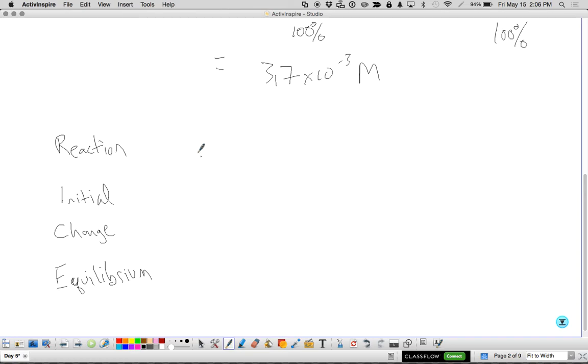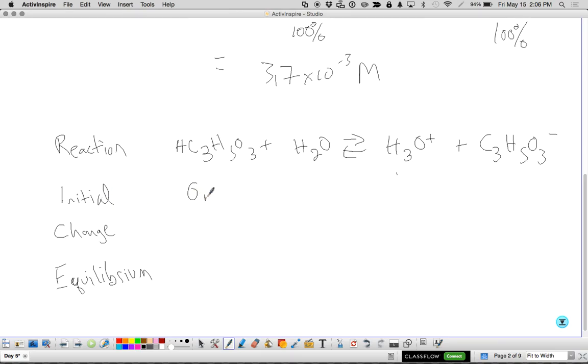Okay, so I'm going to rewrite my reaction here. HC3H5O3 plus H2O yields H3O+ plus C3H5O3-. All right, now our initial conditions, 0.100 molar.